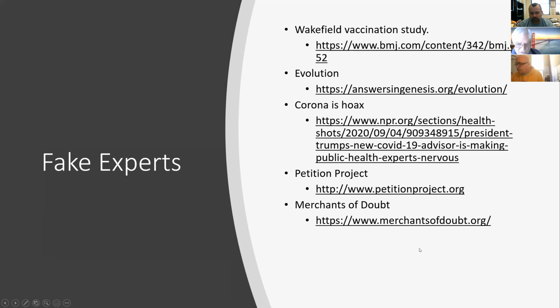And the authors of this book point out that these people were often in bed with industry, and a couple of the prominent members of this group were actually physicists. So they really didn't know anything about smoking causing cancer. And essentially it boils down to the fact that they were just doing this for money.